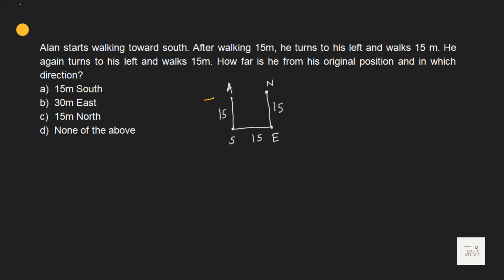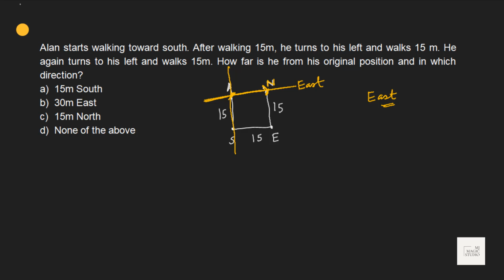So, as we have this drill, let me have the main direction at A. Then the final position is at point N, which lies on this particular line, moving towards east. So in which direction is he? He is in direction east. And how far is he from the original position?